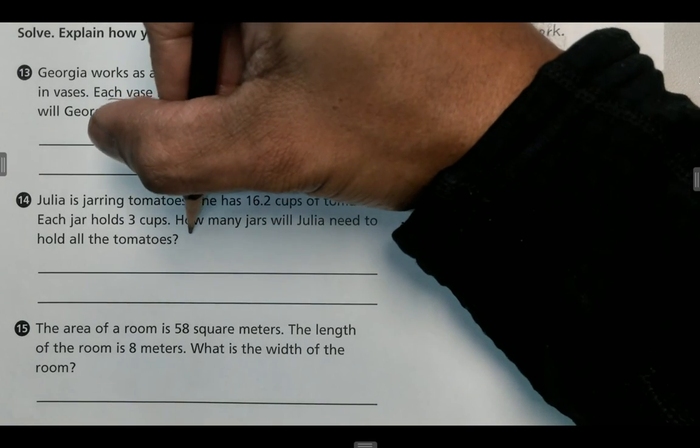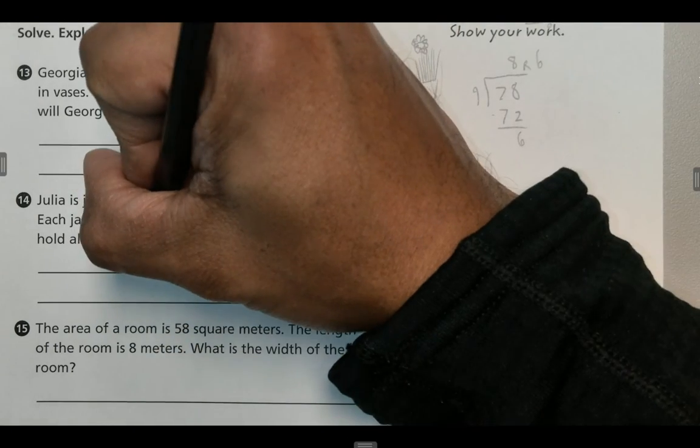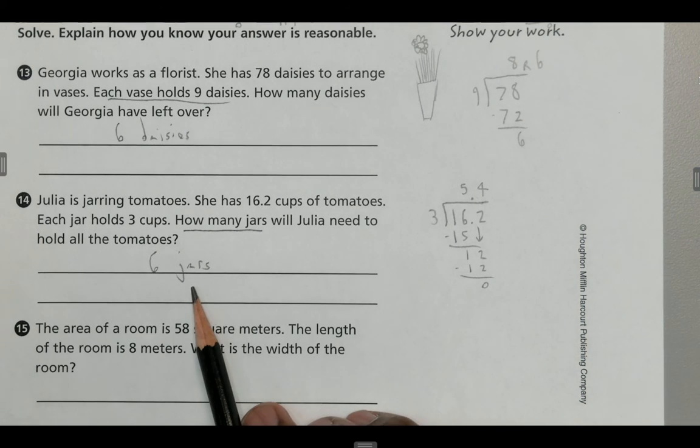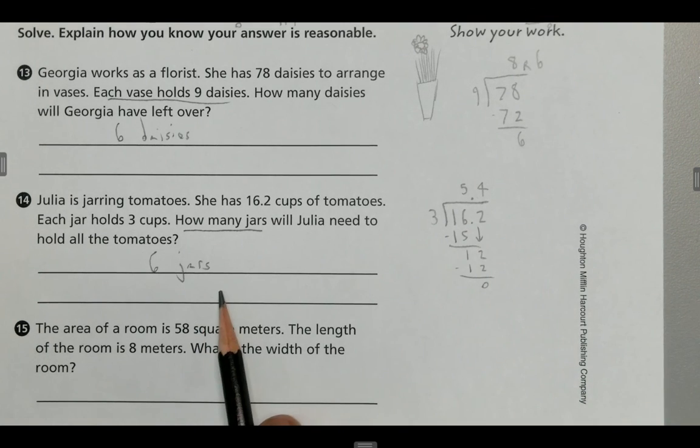So how many jars will she need? I got to round up, don't I? She needs 6 jars. 5 of those jars are going to be filled all the way, and that extra 6th jar is only going to be filled partially, but she still needs 6 jars to hold all these tomatoes.